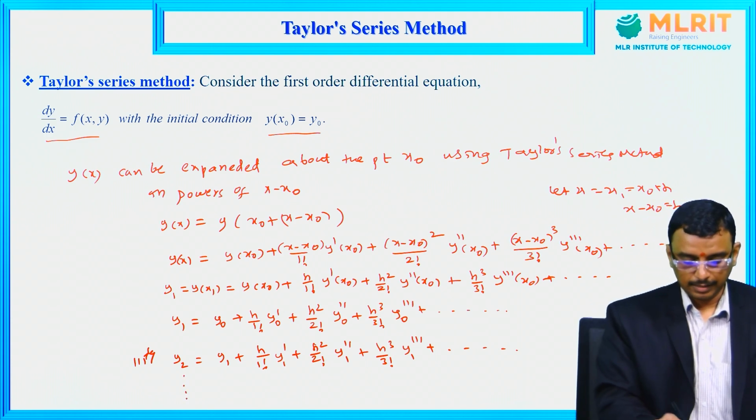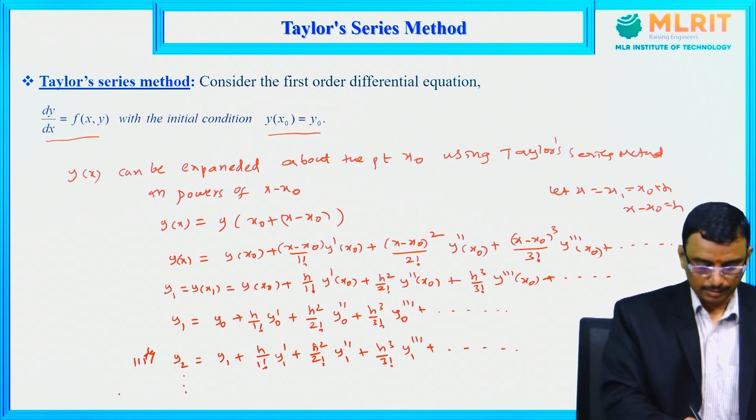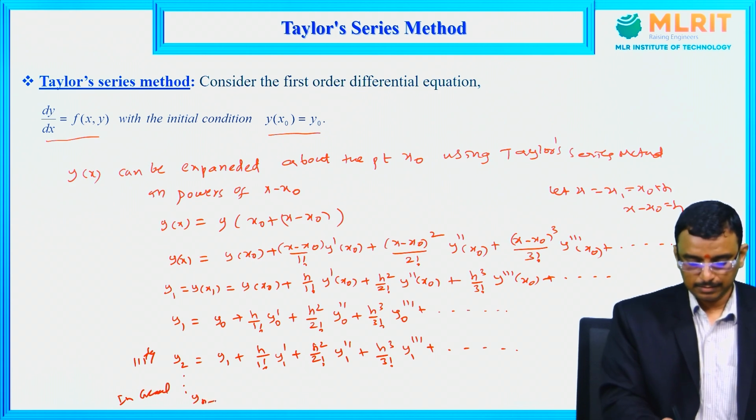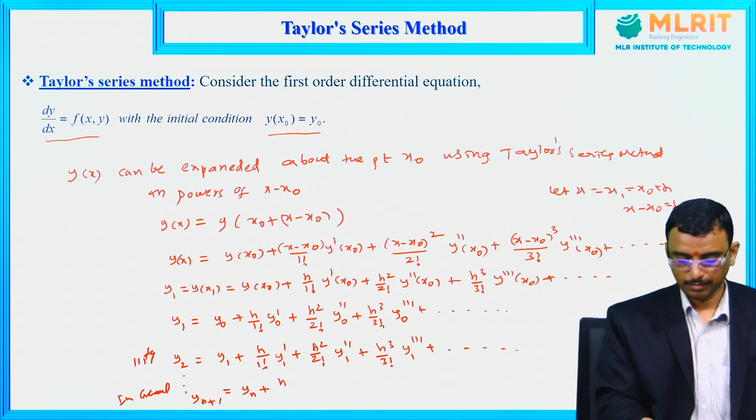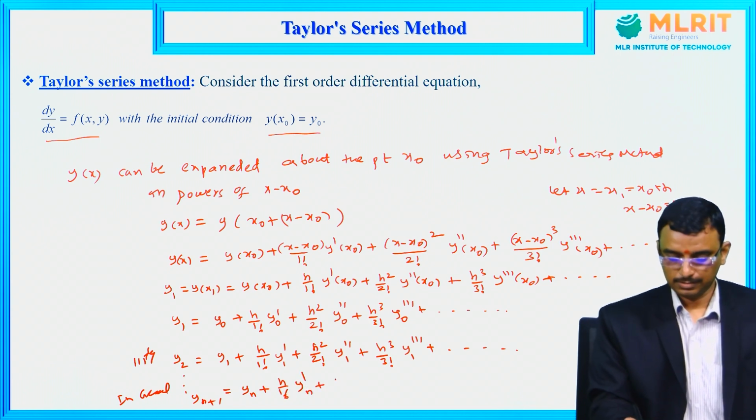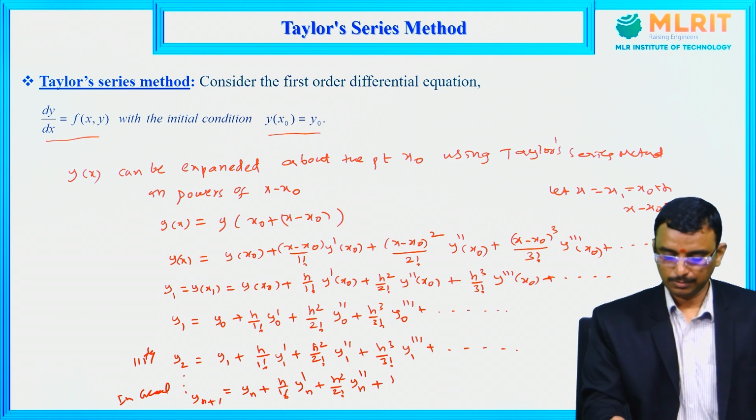In this way, in general we can write y n plus 1 is equal to y n plus h by 1 factorial into y n dash plus h square by 2 factorial into y n double dash plus h cube by 3 factorial into y n triple dash and so on.